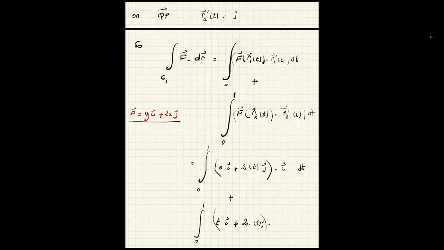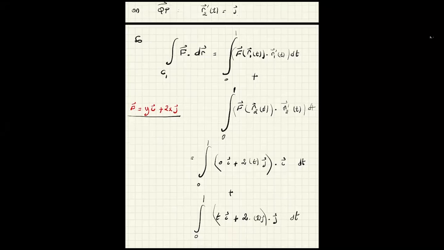Now I do the scalar product with R2 prime, which is j, dt.